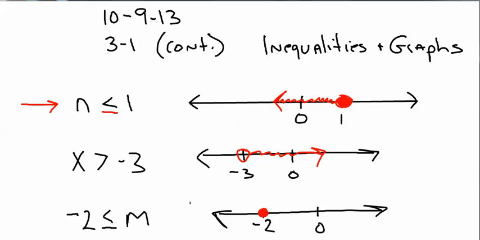Now, if the variable's on the opposite side that you're used to seeing it on, shade the opposite direction of the arrow. So now you would shade to the right. Confusing, isn't it?